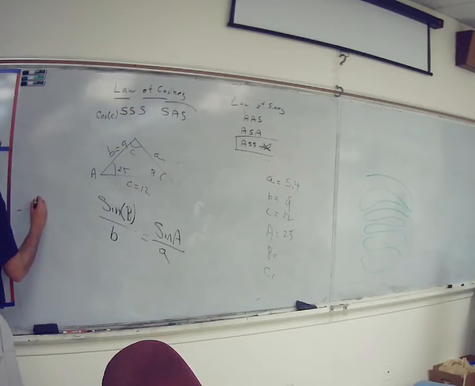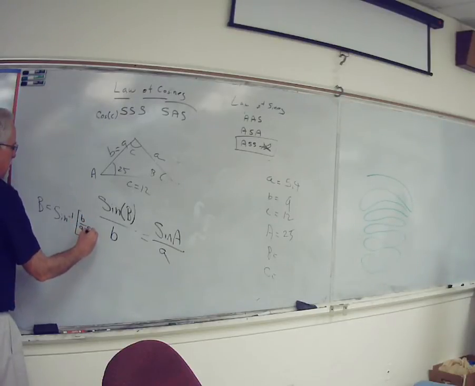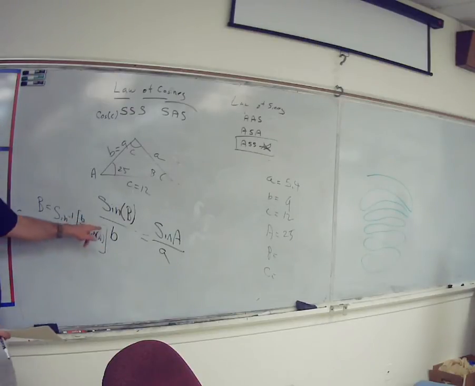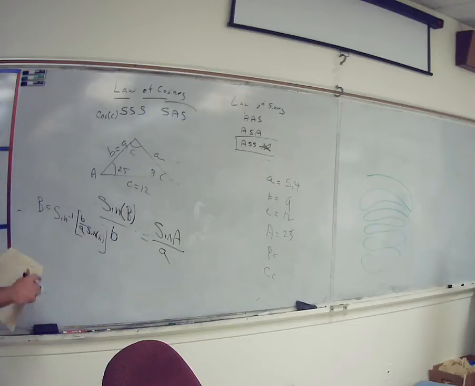Can we do this in one step? Big B is equal to sine inverse of little b over a times sine of A. Did everybody catch that right? I put the a over here, multiply both sides by b, and then take the sine inverse.